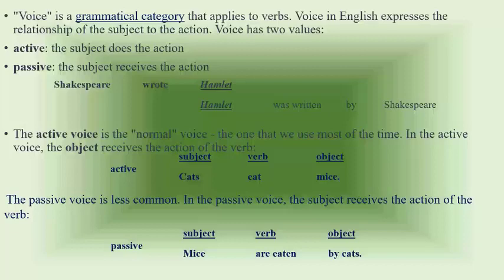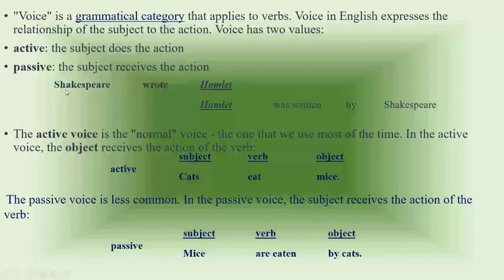So, voice has 2 values: active, the subject does the action, and passive, the subject receives the action. In a way, receives the action. We'll see that the subject still does the action, but it is in place of an object, so it looks like it is receiving the action.